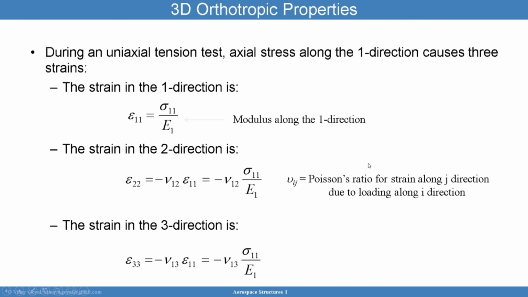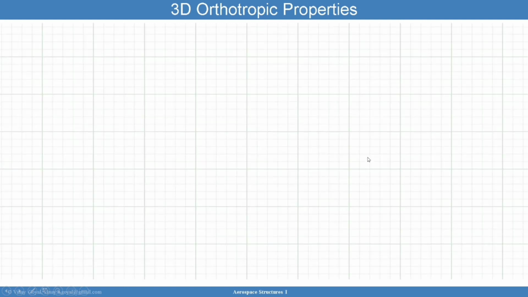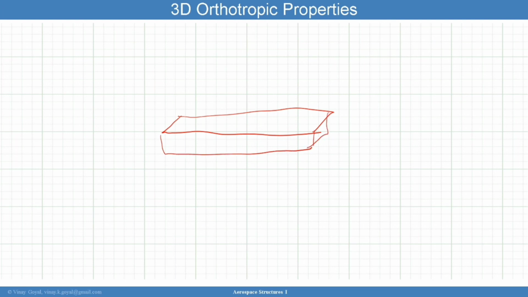To do that, I'm going to perform a thought experiment. And that thought experiment is to apply a load to a bar in the axial direction, one axis. I'm going to use the one axis.